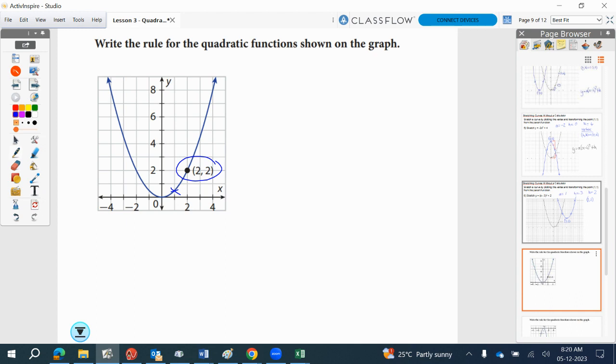First up, they're all going to follow the model y equals a bracket x minus h squared plus k. You start off by reading the vertex. What is the vertex of this function?